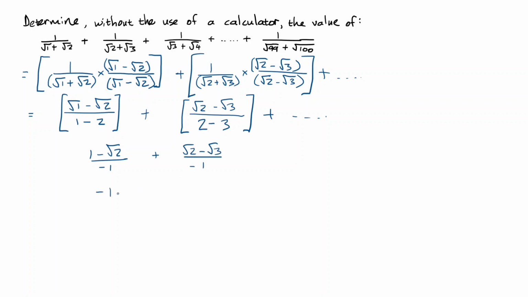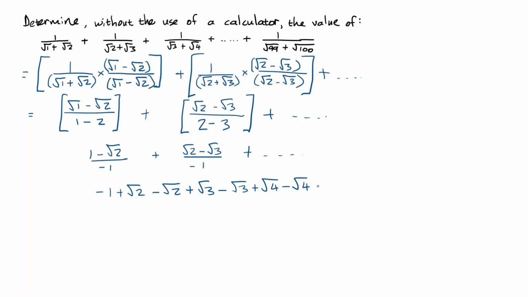If you're looking really carefully over the horizon, you'll see that we've got this really KIF setup happening. You've got minus 1, and then you've got a root 2 and a minus root 2, so those are going to go. You've got a root 3, and as you can see the pattern, it's going to be minus root 3. And the next one will be positive root 4, and the next one will be negative root 4.